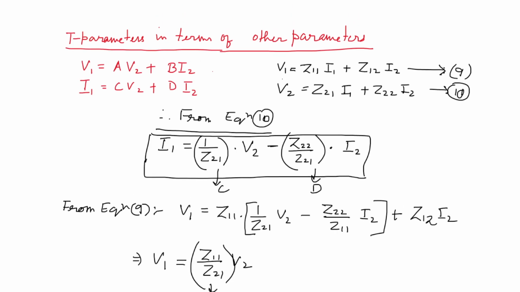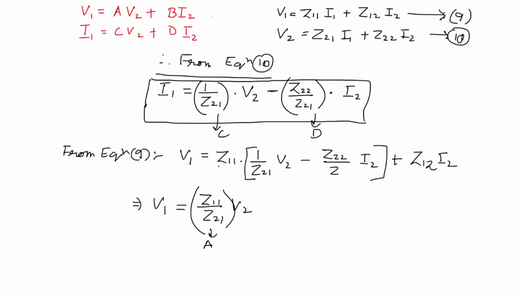should be 2-1, not 1-1. It should be 2-1, Z22 by Z21. So this is V2.